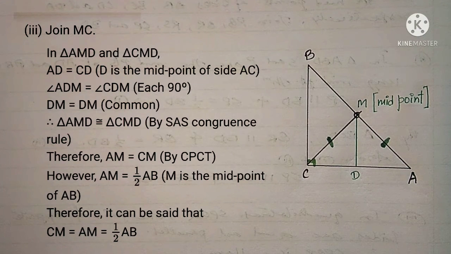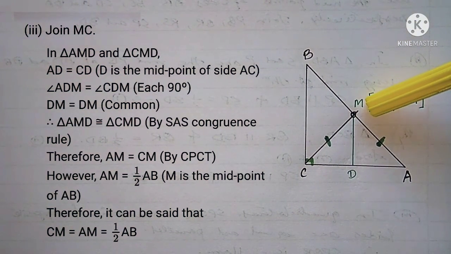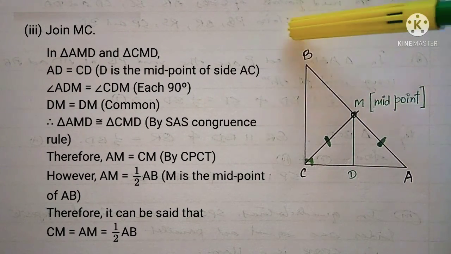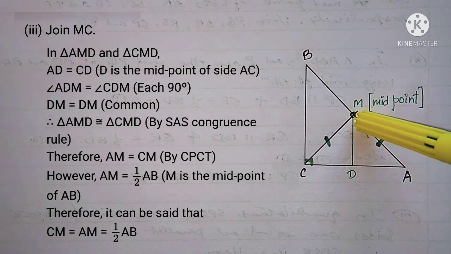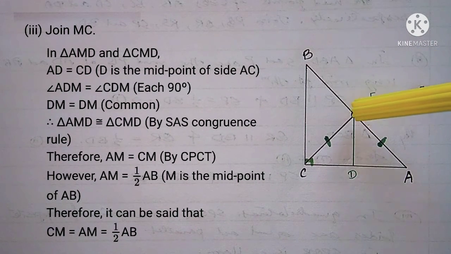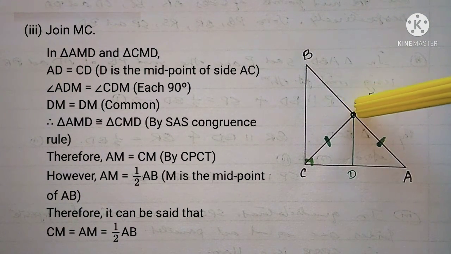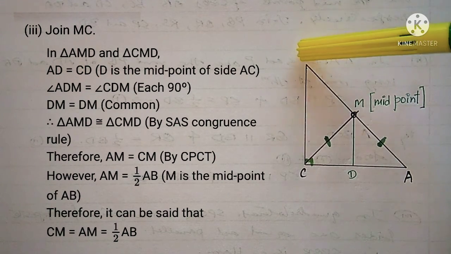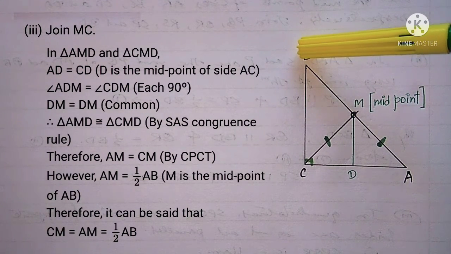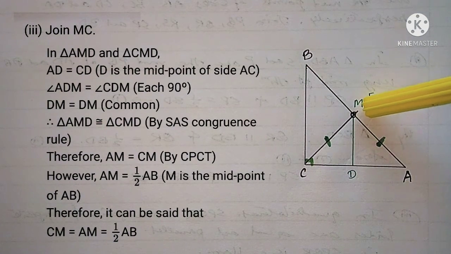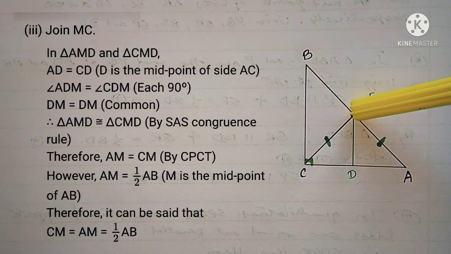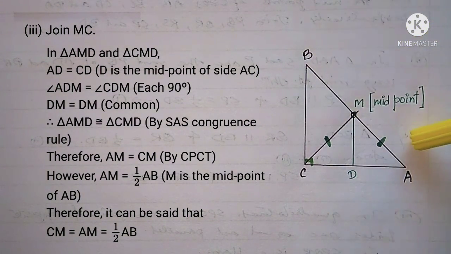Now again, you see AM is what? M is the midpoint or not? If M is the midpoint, the length of AM is equal to half of AB, the whole length.